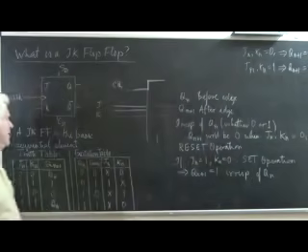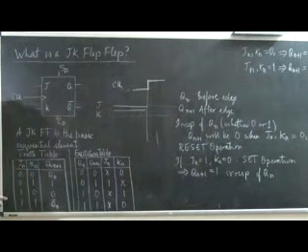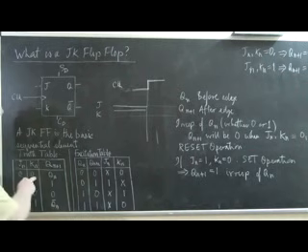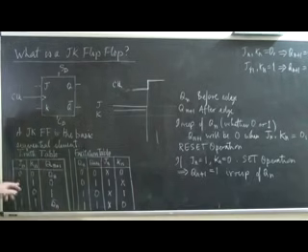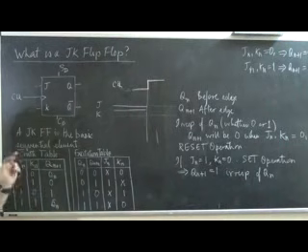So all this is summarized in this so-called truth table of the JK flip-flop. The JK flip-flop truth table says if Jn and Kn are 0, then Qn plus 1 is the same as Qn, that is, it remains unchanged. If J is 0 and K is 1, then as I said, we have a forced reset.